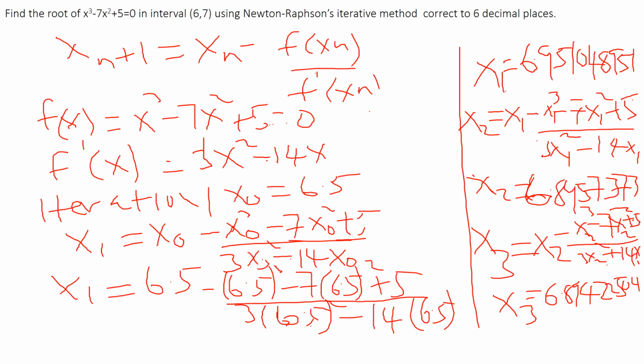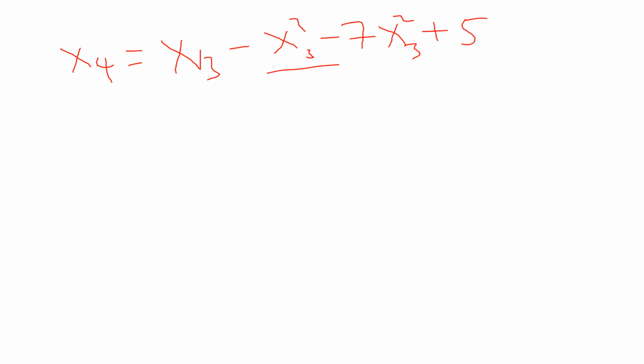The fourth one, x4, will be equivalent to x3 minus x3 cubed, then minus 7 multiplied by x3 squared, then plus 5, where x3 is our third approximation, and we divide this by 3 x3 squared, which is our first derivative equation, then minus 14 x3.